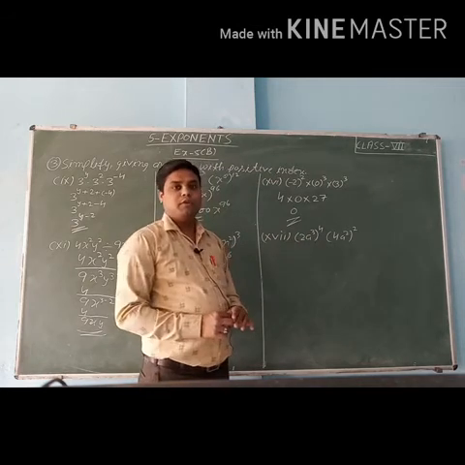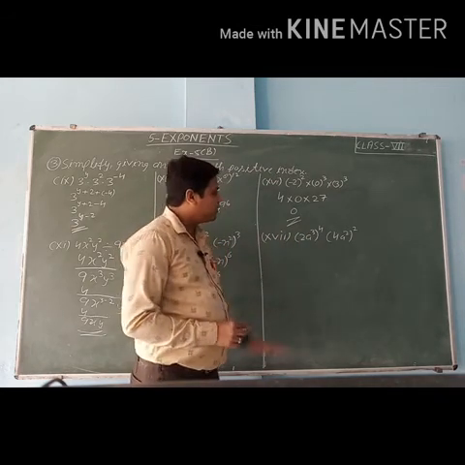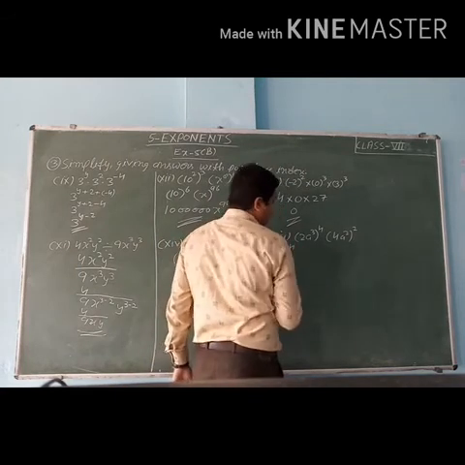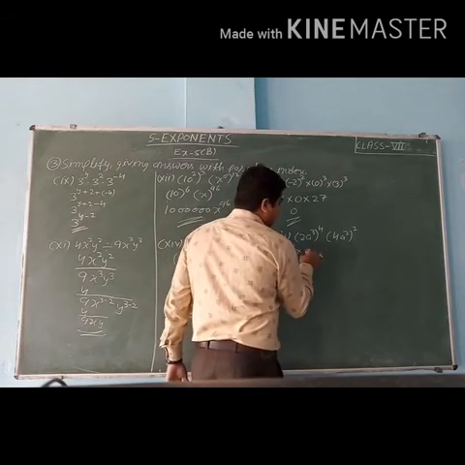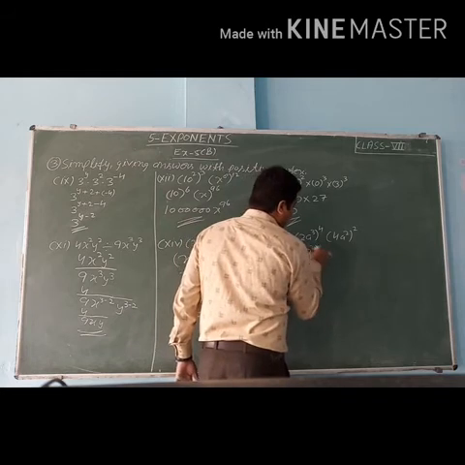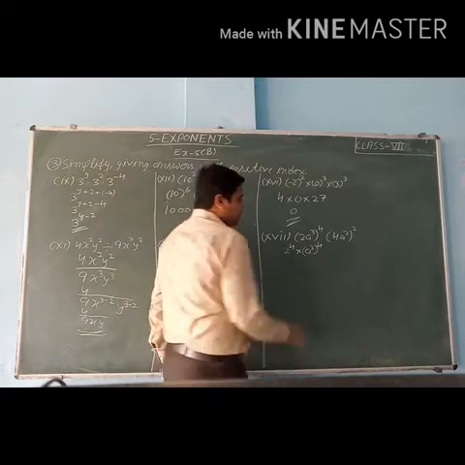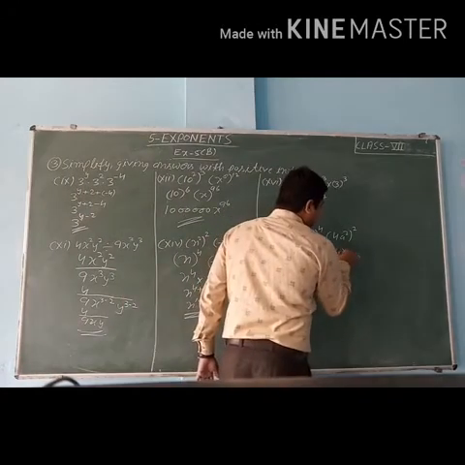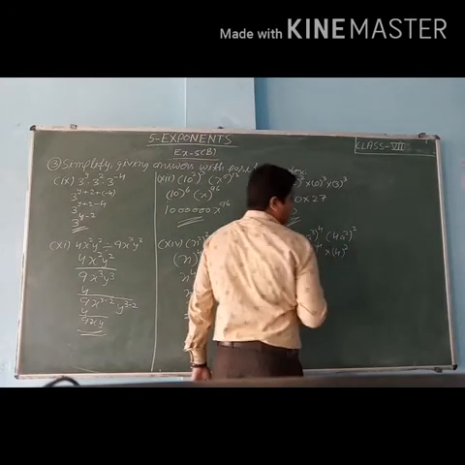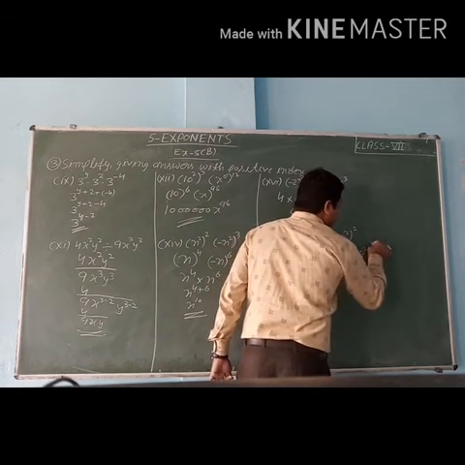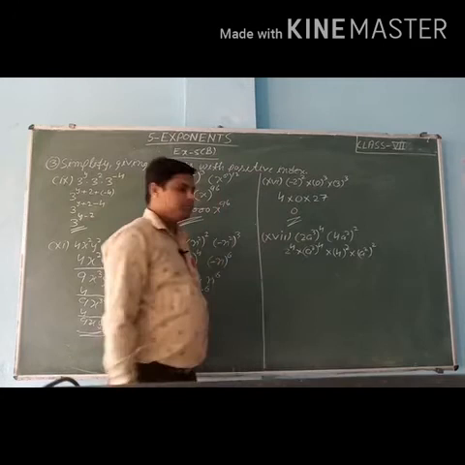So first of all it is better to write 2 raised to the power 4, then multiply a raised to the power 3, then power 4, like this. Then multiply 4 raised to the power 2, then multiply a raised to the power 2, then whole power 2.